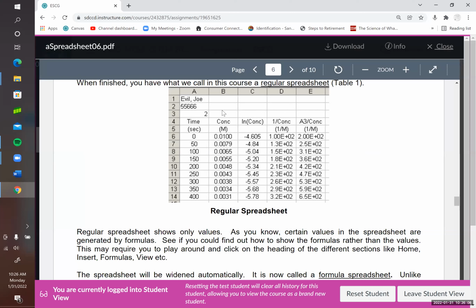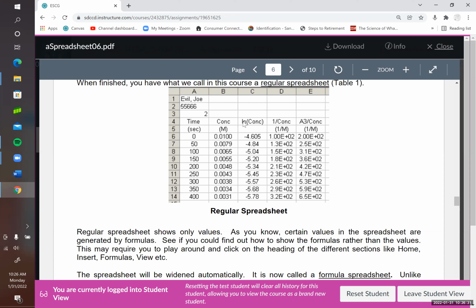For example, if you look at this part right here, you have the concentration. And I see the concentration has 3 significant figures for this first one, 2 for the second, 2, 2, 2, and so forth.